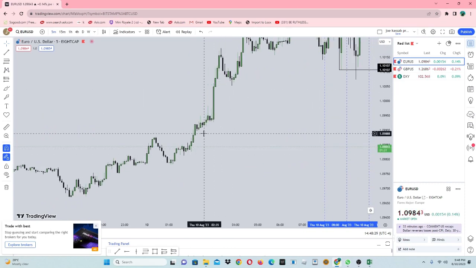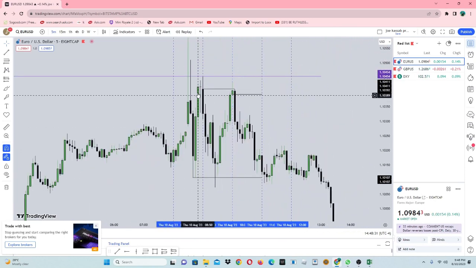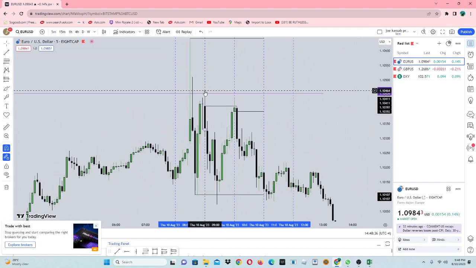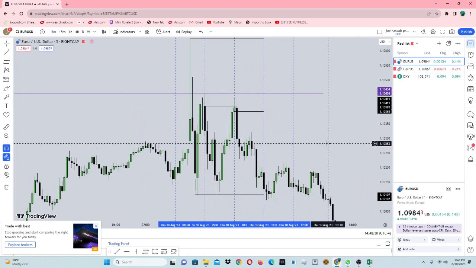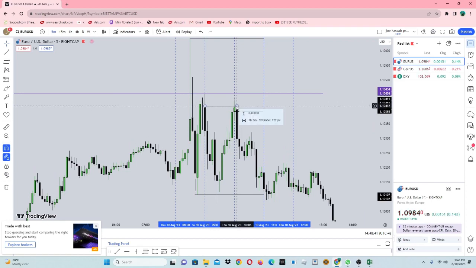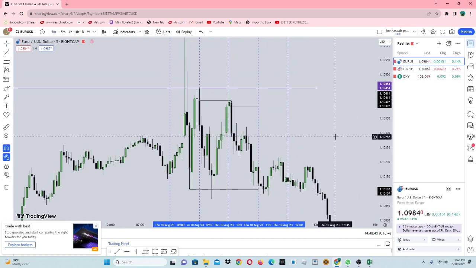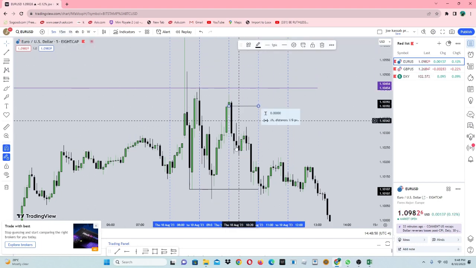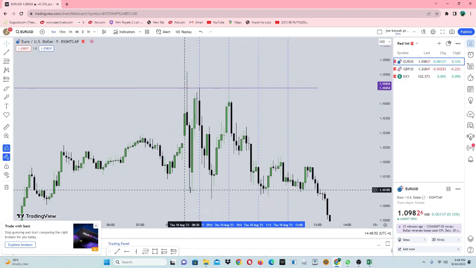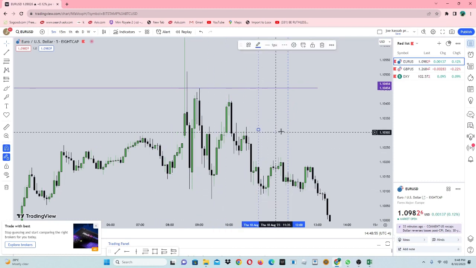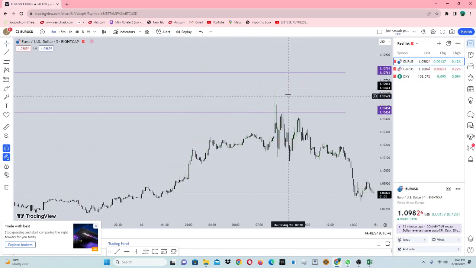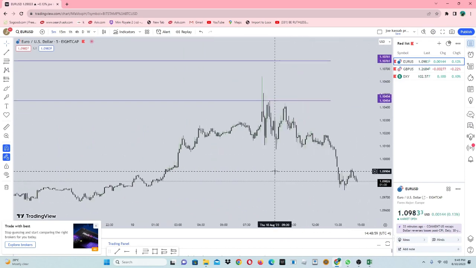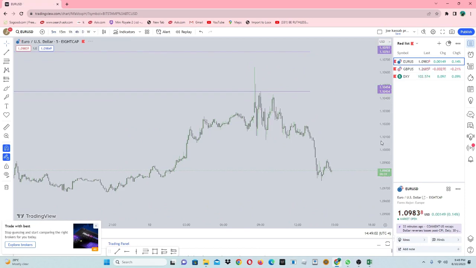Because the price is immediately pushing to the upside. Right here you can also see push, immediately rejected. Right here push, immediately rejected. So on the 5 minute interval immediately rejected, even on the hourly. So even if you don't take trades, it's very important to analyze what's happening and to have a confluence.